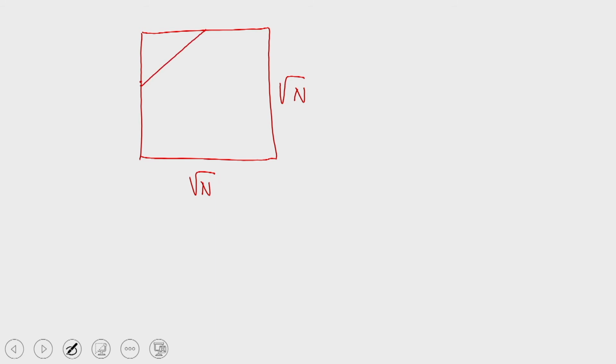To prove this, we consider the root n by root n mesh. In this mesh, we isolate a corner of size 2 times root of root n by 2 times root of root n. That is, we identify a corner of this sort.